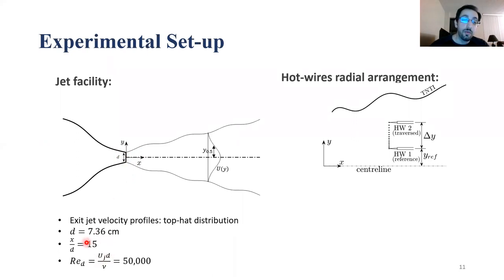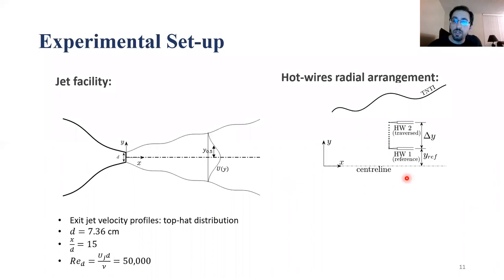Where we conduct the measurements, which is 15 nozzle diameters downstream of the nozzle, the flow is fully turbulent, and the Reynolds number for these measurements is 50,000 in terms of the jet diameter and the jet velocity.